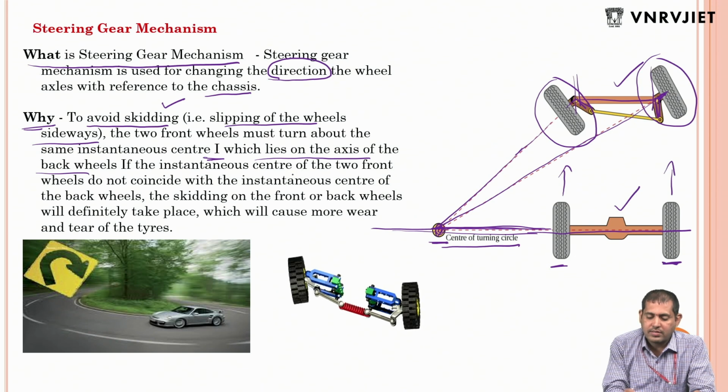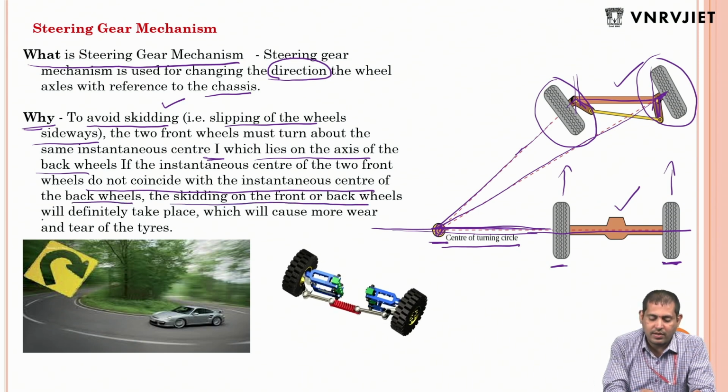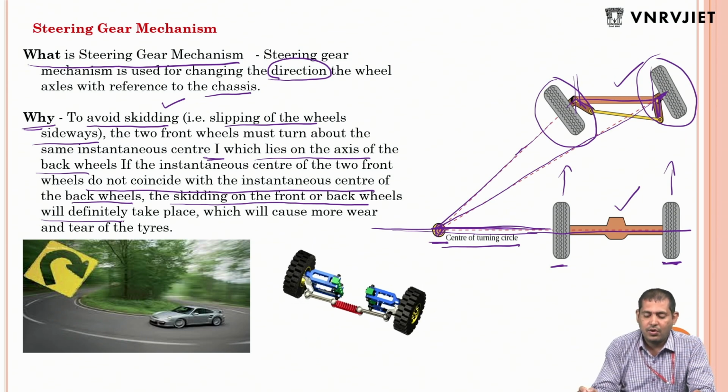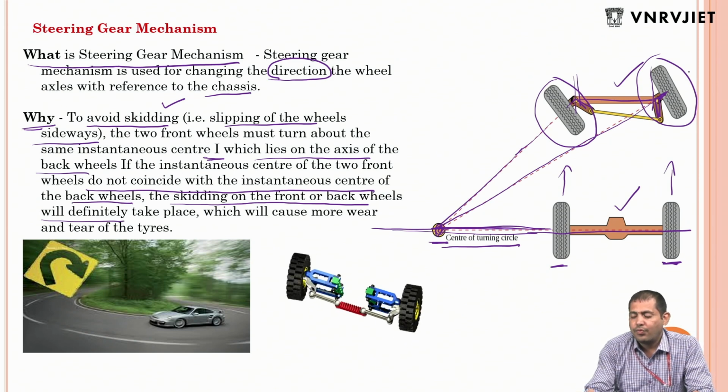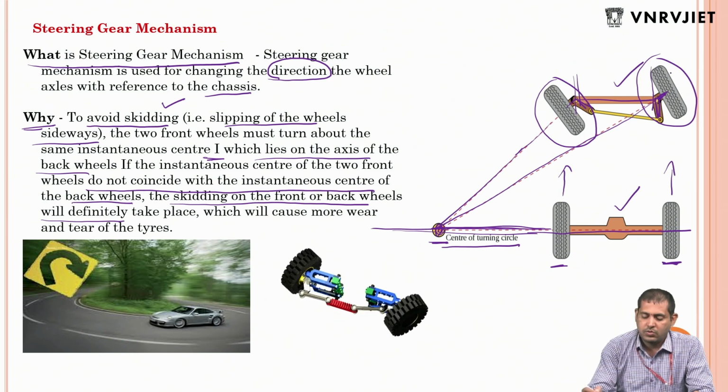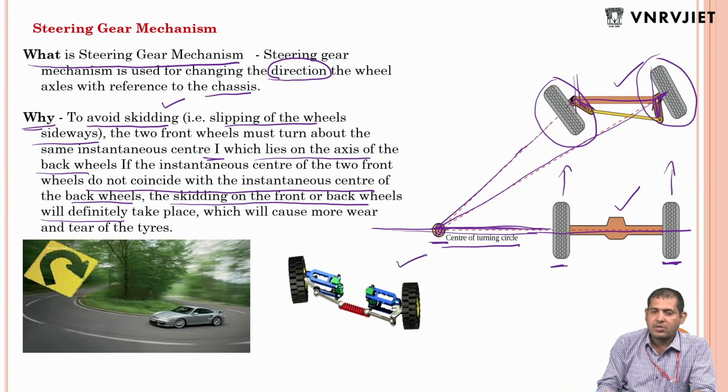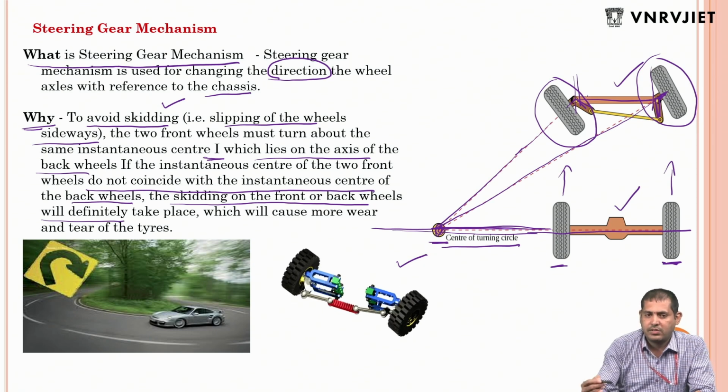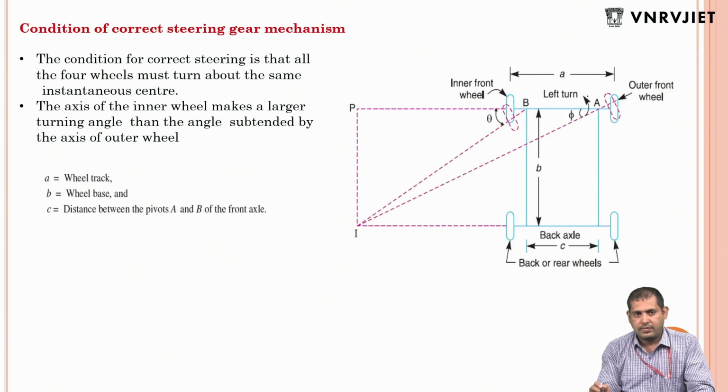If the instantaneous center of the two front wheels does not coincide with the instantaneous center of the back wheel, the skidding on the front or back wheels will definitely take place, which will cause more wear and tear of the tire. Okay. While in vehicle wheel balancing, we are going to check this also. Here this is a general image of how we are going to change steering. It consists of some pairs that we will discuss next.